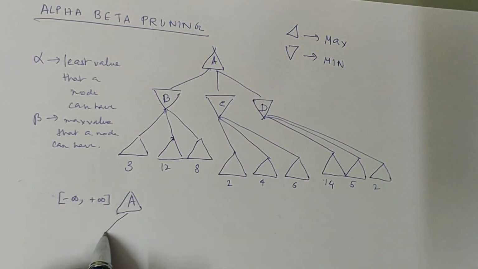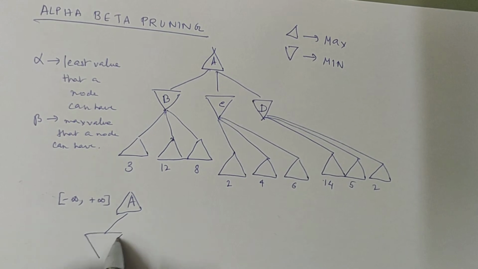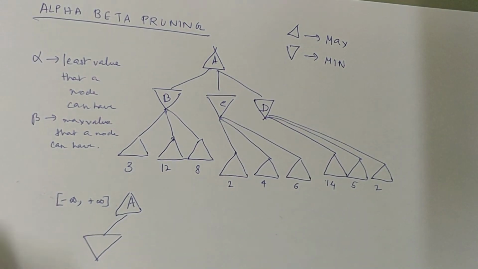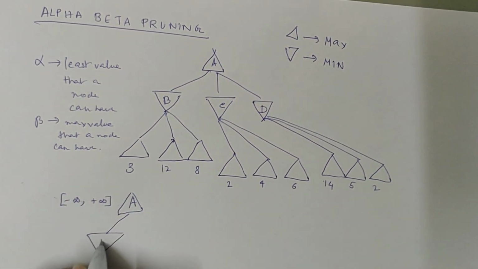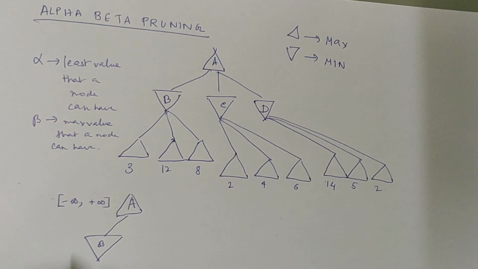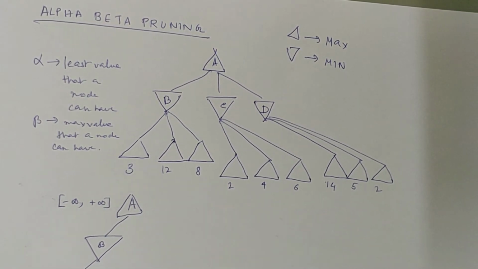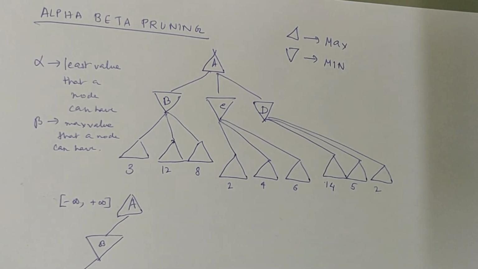It generates this child B. As we have seen, the minimax algorithm usually goes in the methodology of depth first search, so it will go to B, and B will go to this leaf node which has a value of 3.